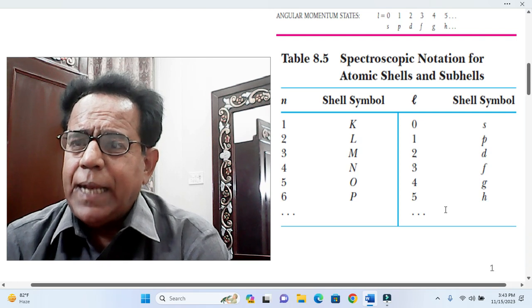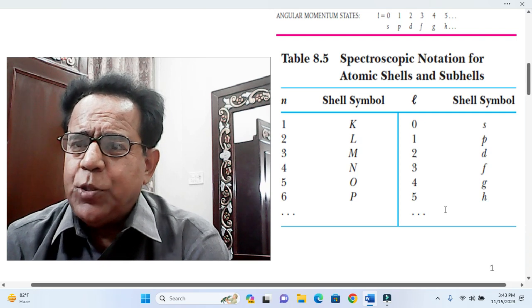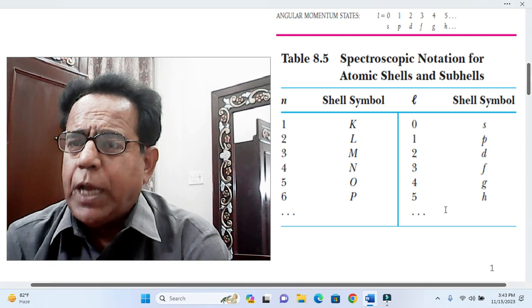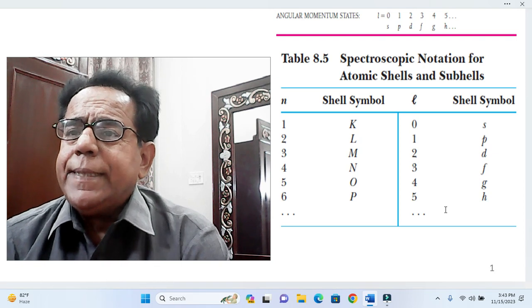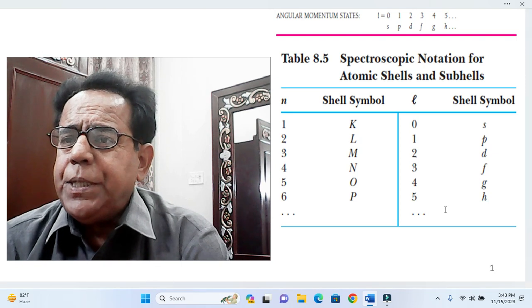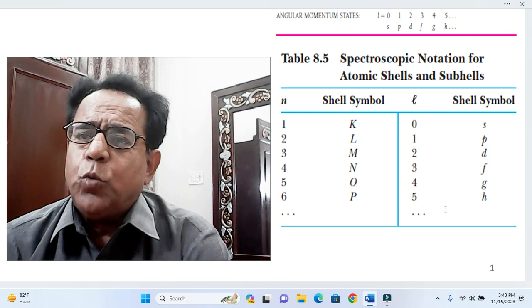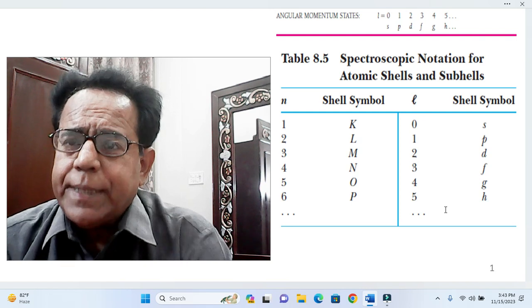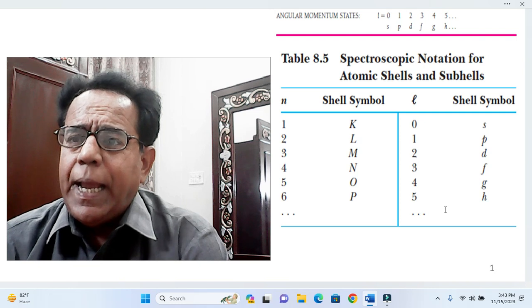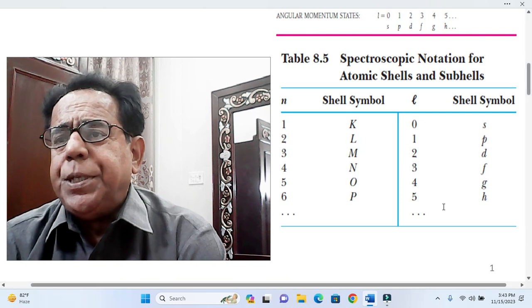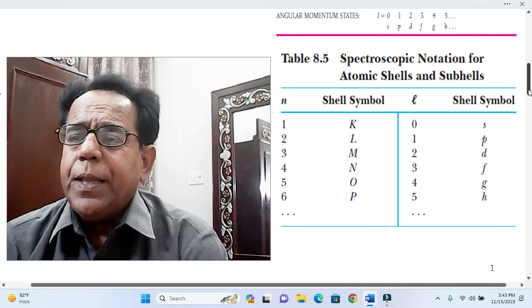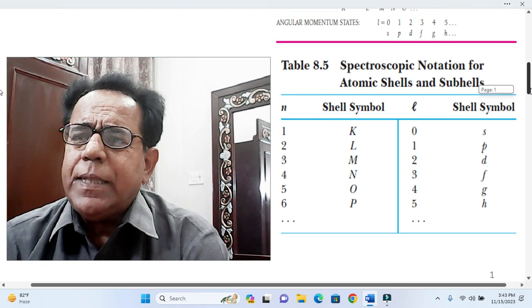On the right column, small l goes from 0 to 5, that is 0, 1, 2, 3, 4, 5 and so on, while the subshell symbols are given as s, p, d, f, g, h. So 1 to 6 is K, L, M, N, O, P and from 0 to 5 is s, p, d, f, g, h.